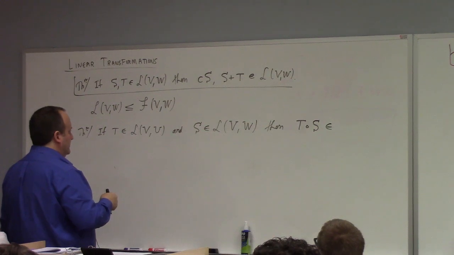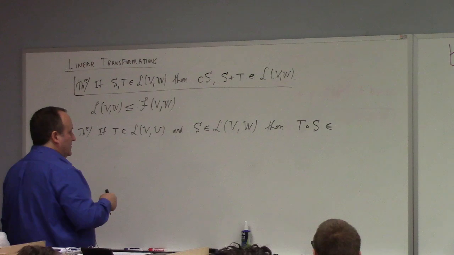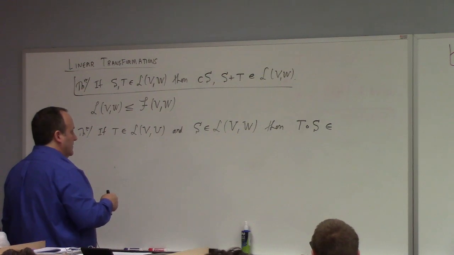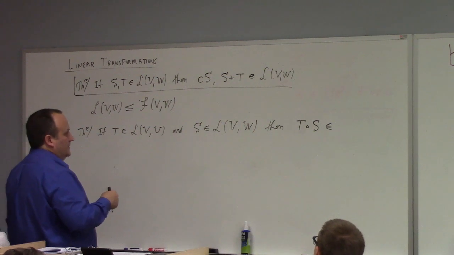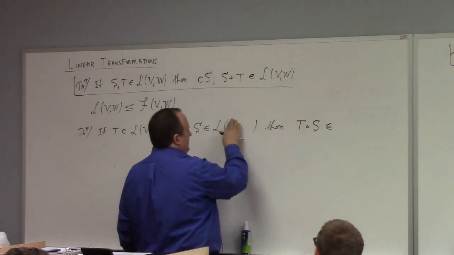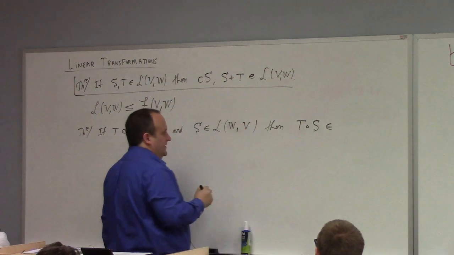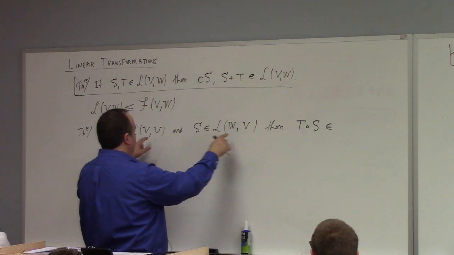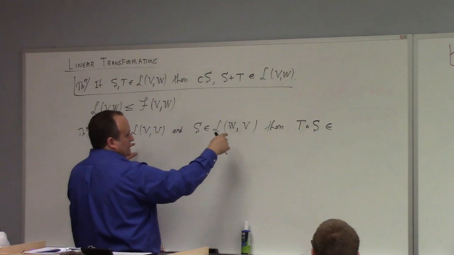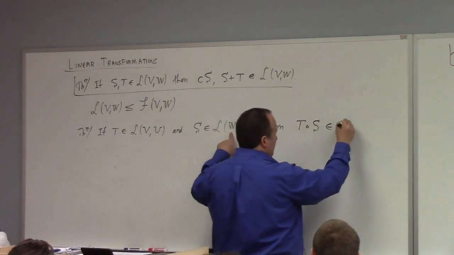Hold on a second. Do you want S in linear transformations from W to V? I mean, yeah, fine. We'll try that. If I do that, then S goes from W to V, and then V goes to U, okay, great. So the input is in W, it goes to V, then V goes to U. So this should be an element of linear transformations from what?